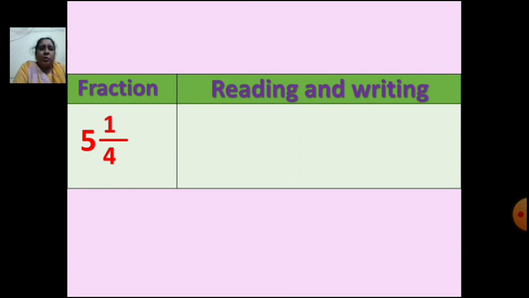Again, next question, see. Fraction is 5, 1 upon 4. Listen properly. Now, how you are going to read and write this fraction? For 5, you will write the spelling of 5. For 1 upon 4, what you are going to write?